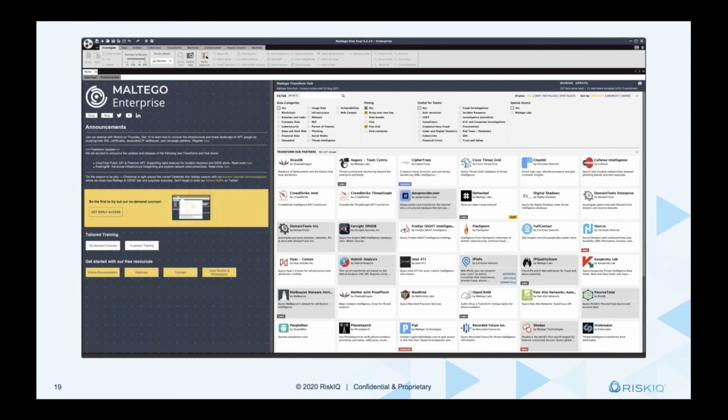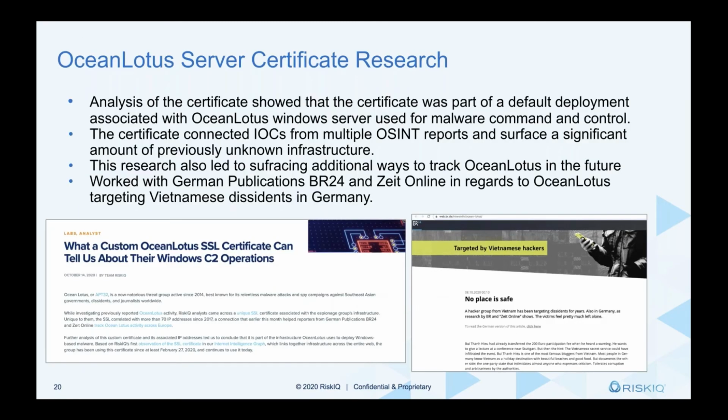So when you're an analyst shop and you have to make decisions about what you want to use, it's almost a no-brainer to bring the tool in, just because of how powerful it can be in augmenting your investigations. I didn't have a slide here that wrapped up all the indicators that we found, but if you go into community.riskiq.com and type in Ocean Lotus, you'll see the publication that we ultimately put out with a series of indicators that you can reference and use for blocking purposes.